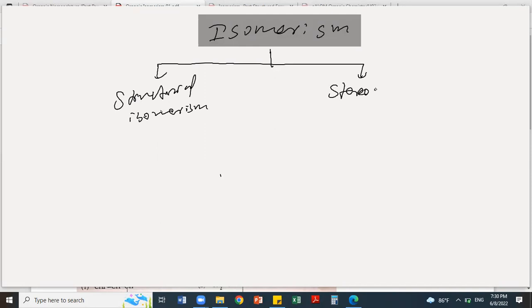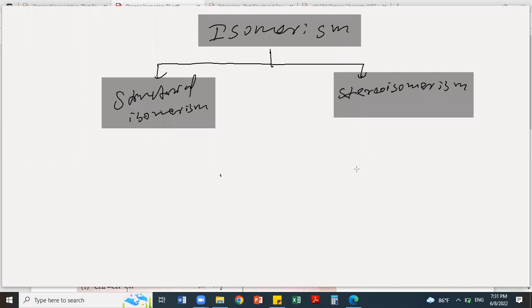I'll discuss the stereoisomerism next day. Please, you better copy down this summary of the isomerism. Today I completed the structural isomerism.